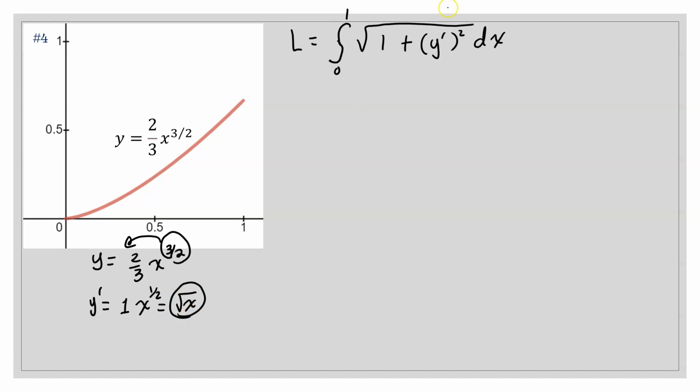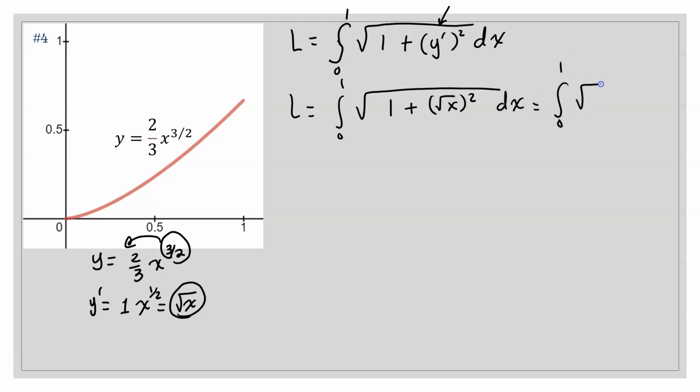And that is the thing that goes inside there. So the length is, in this case, the integral from 0 to 1 of the square root of 1 plus the square root of x squared dx.